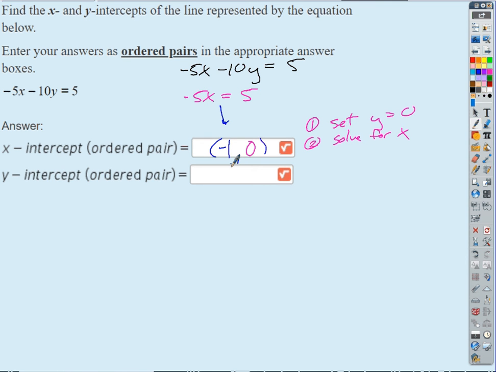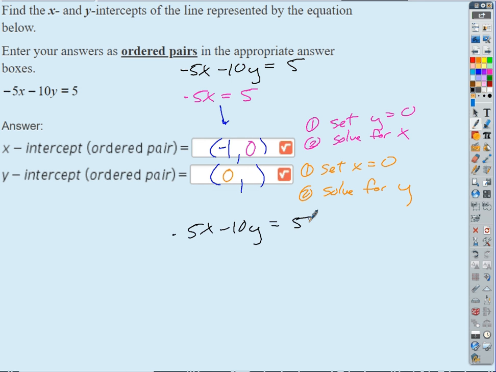Okay? If I'm trying to solve for the y-intercept, what's our strategy there? I'm going to set x equal to 0. Good. And solve for y, right? So we end up with x equal to 0. Now I solve for y.